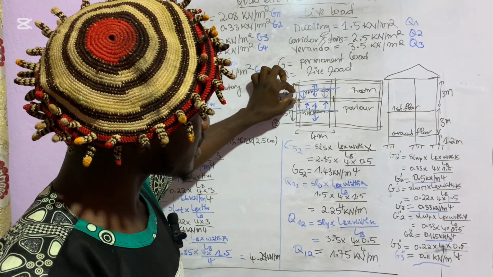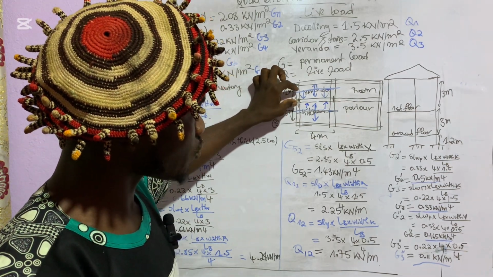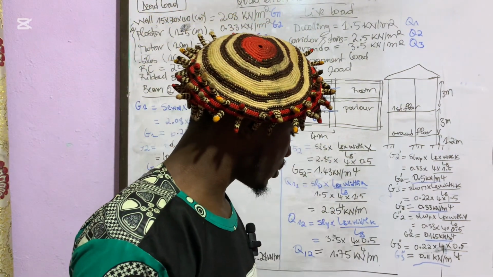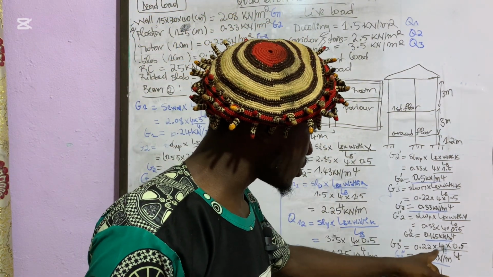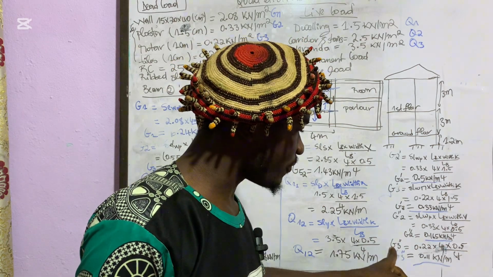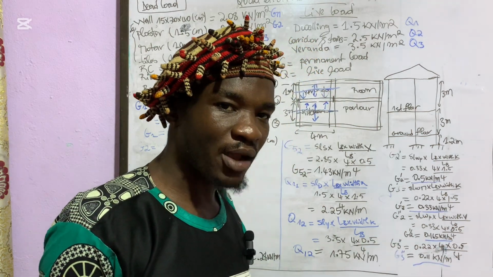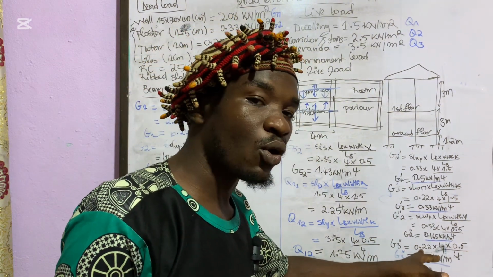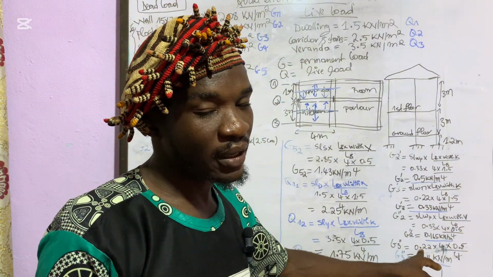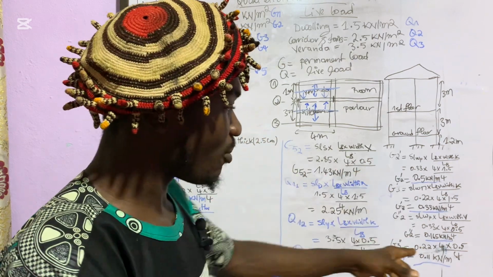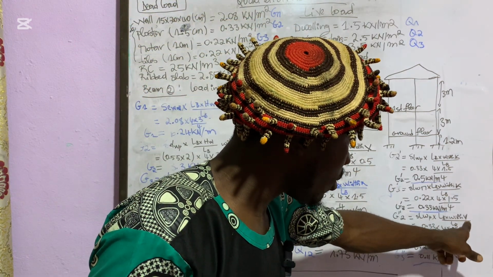We divided the width of our veranda by 2 because only half of its load is being sent on beam 2. Okay, so now it's going to give us 0.165. Okay, now we find G3 prime prime, which is going to be the load of the mortar applied on what, on that slab, of what, of the veranda.